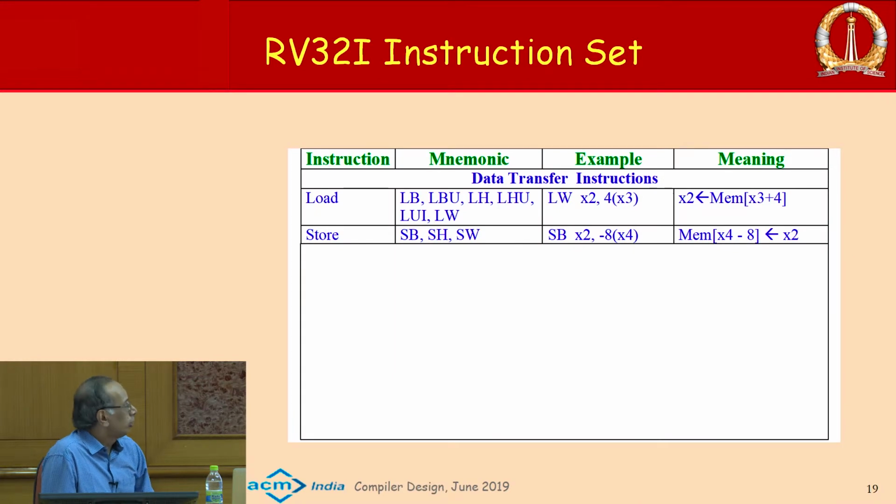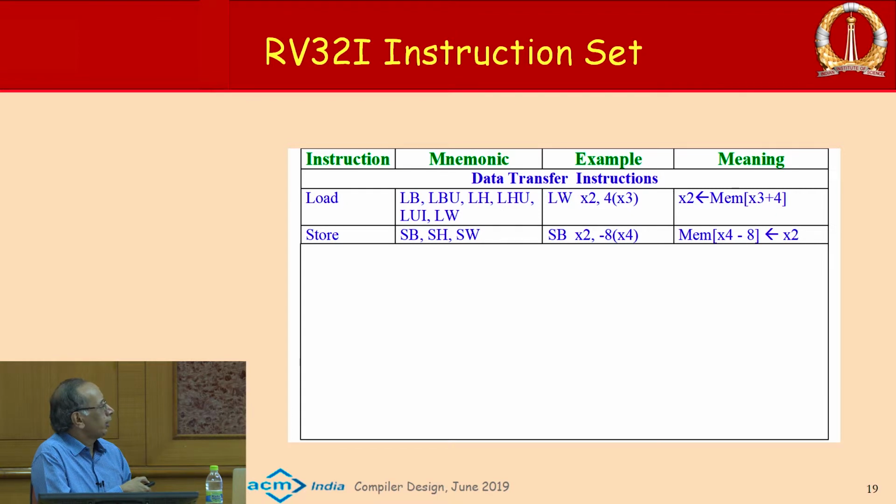Okay. So, the load and store instructions, which are what we call the data transfer instructions, typically have a format something like this. It is either a load byte or a load byte unsigned, load half word unsigned, or a load word, one of these.